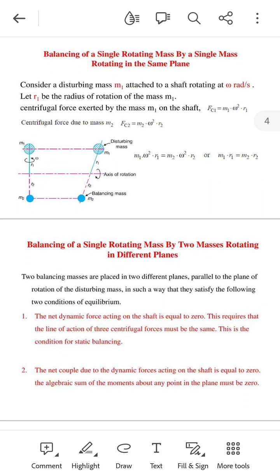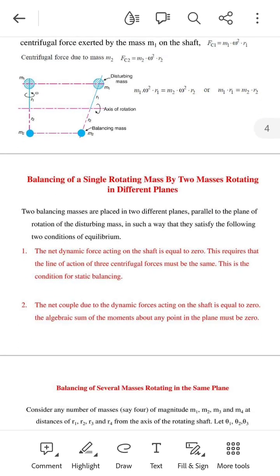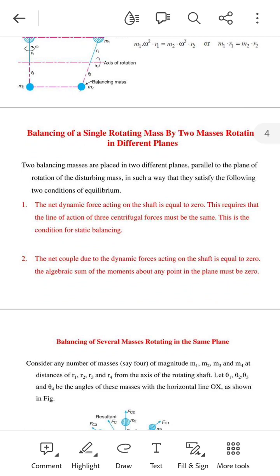This requires that the line of action of the three centrifugal forces must be the same. This is the condition for static balancing. Second, the net couple due to the dynamic forces acting on the shaft is equal to 0. The algebraic sum of the moments about any point in the plane must be 0.